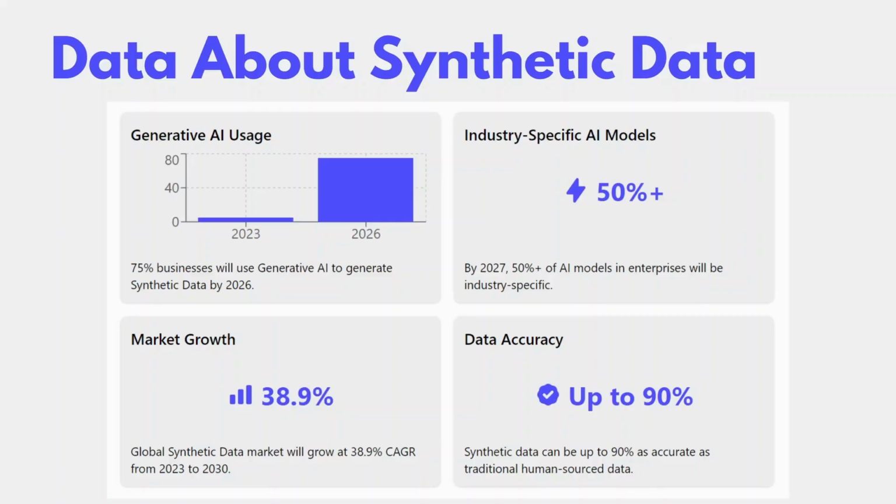This trend is projected to increase up to 50%. Apart from this, the global synthetic data market is set to grow by 38.9% by 2030. So, most of the AI derived consumer data, when triangulated, is coming in around 90% similar or as accurate as data generated from primary human sources.